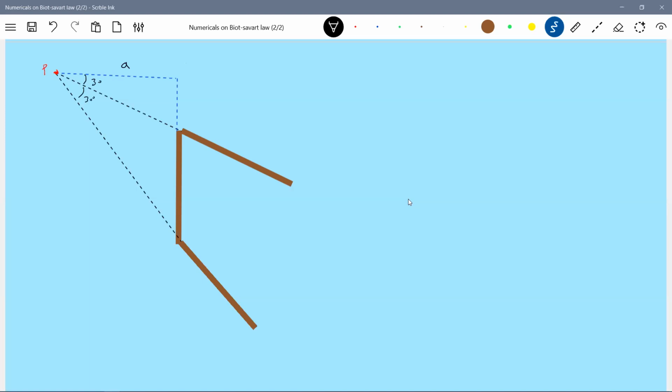You have to find out the magnetic field strength at point P. Let I be the current flowing in the wire in this way. Find the magnetic field strength at point P.